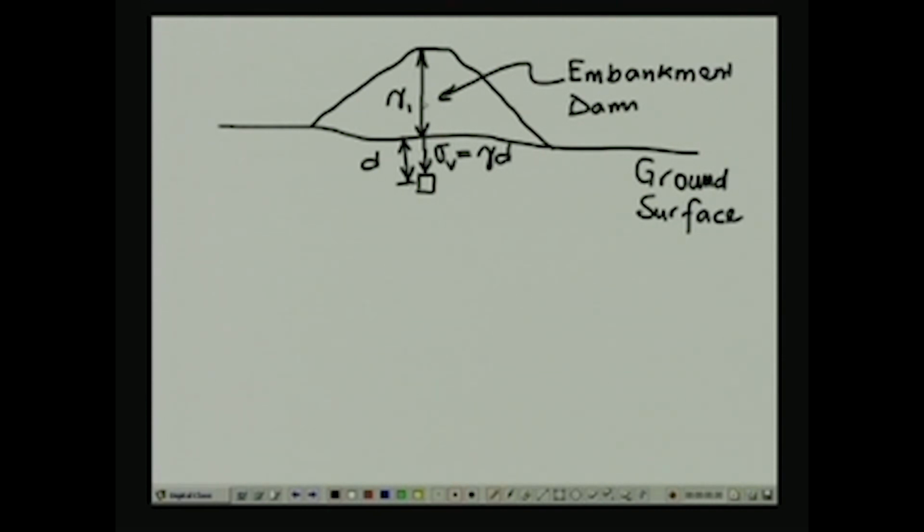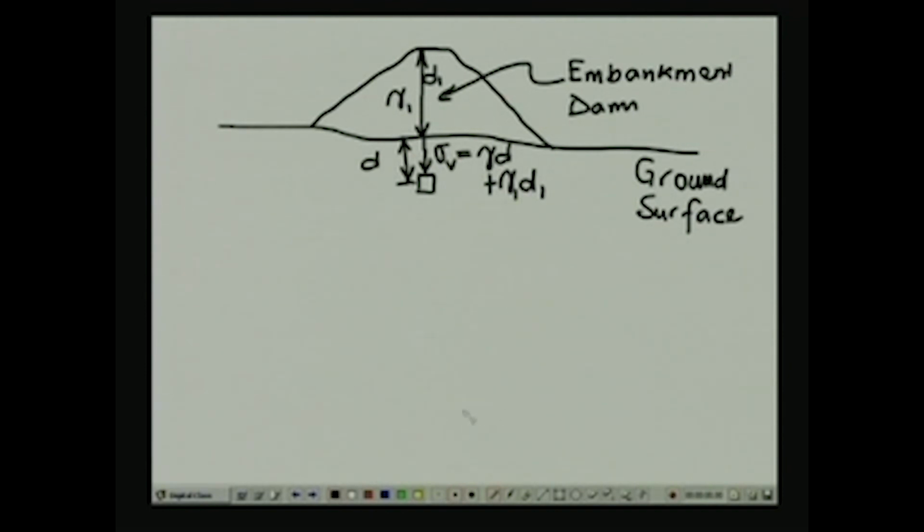So, this has a unit weight of gamma 1 and this depth is say d1. So, what you have here finally is a pressure of gamma 1 d1.